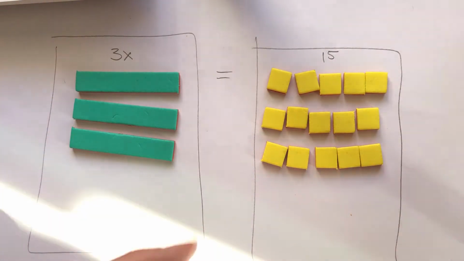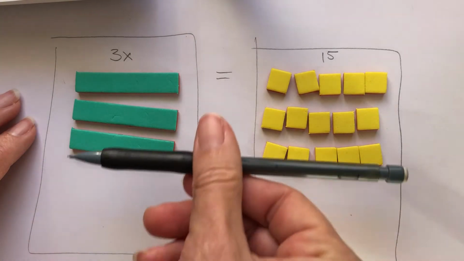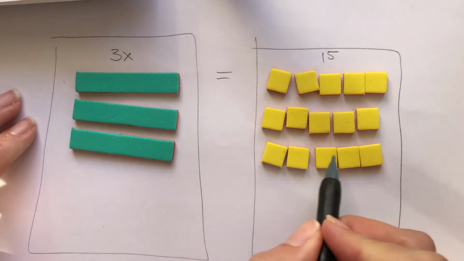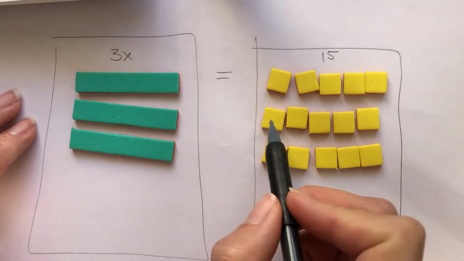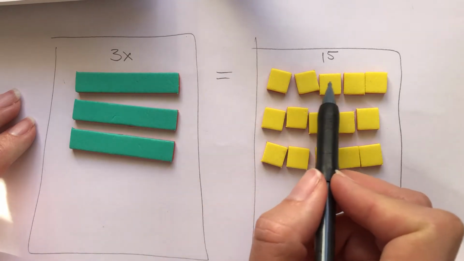So you can see each X tile equals 1, 2, 3, 4, 5. This one equals 5. This one equals 5.